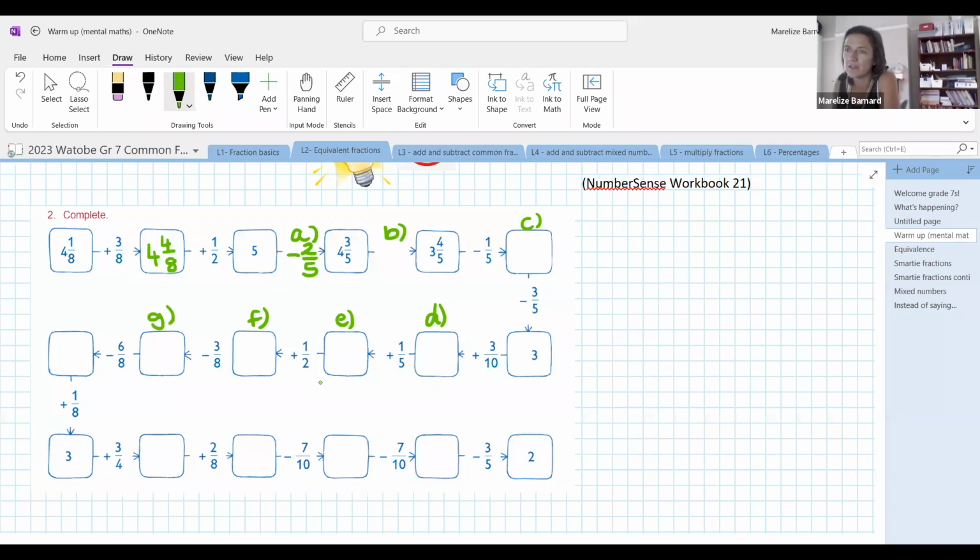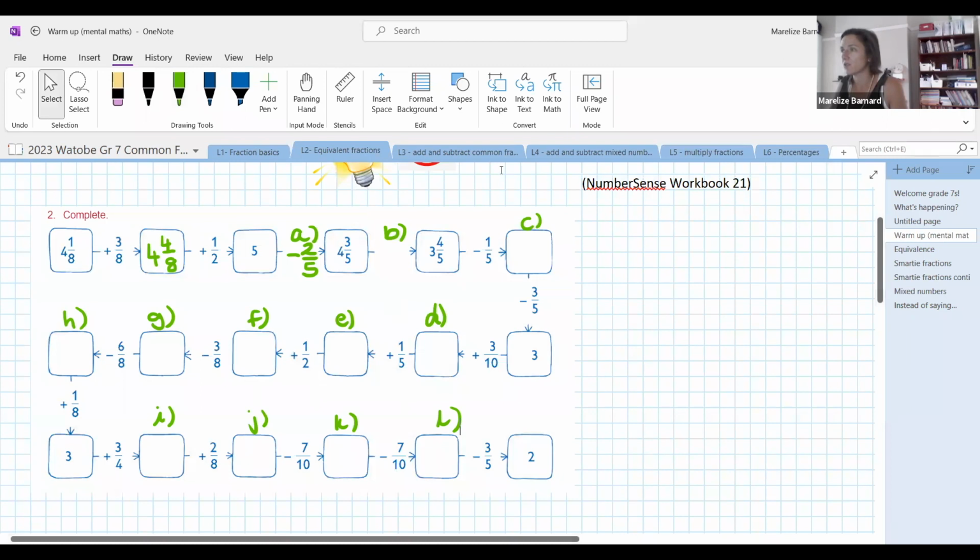E, F, G, H, I, J, K, L. I've done the first few, so we're only going to do 2.5 minutes today, because on Monday I also gave you 2.5 minutes. Fill it in as much as you can, and I'll tell you when time is up. Ready and steady and go. You just do it there where you are on your page.